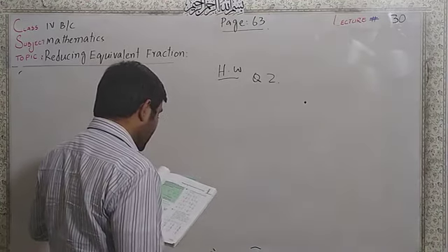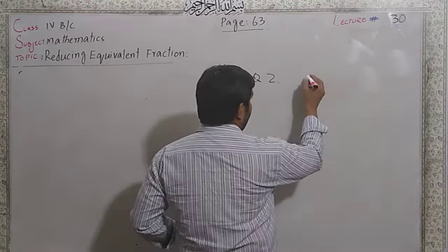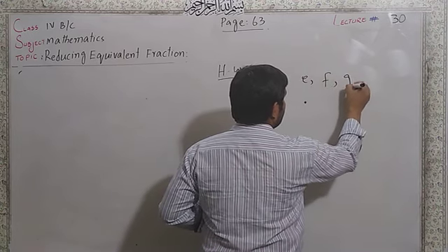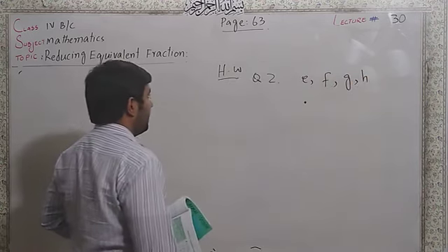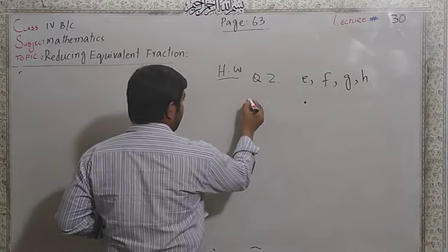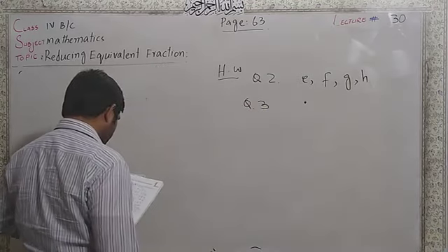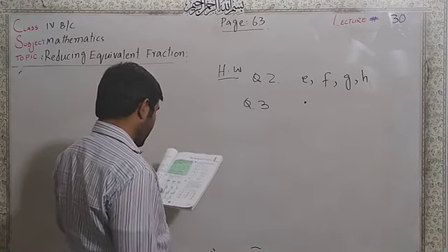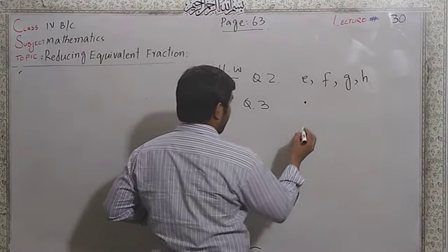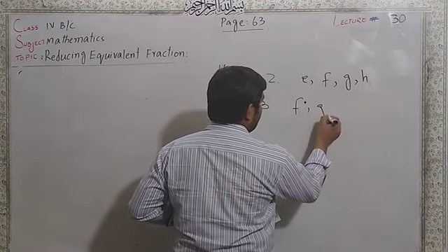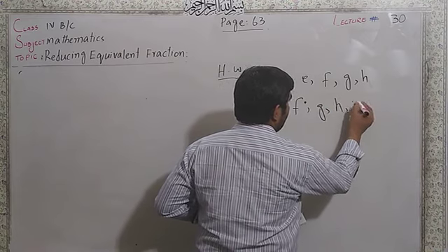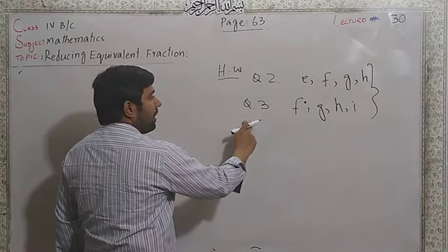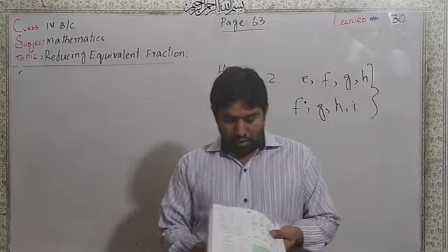I did 4 parts A, B, C, D, and you have 4 parts for your homework: E, F, G, and H. And in question number 3, I did 5 parts, and 4 parts you have homework: F, G, H, and I. Question 2 you will do in your book, and question number 3 you will do in your notebook.